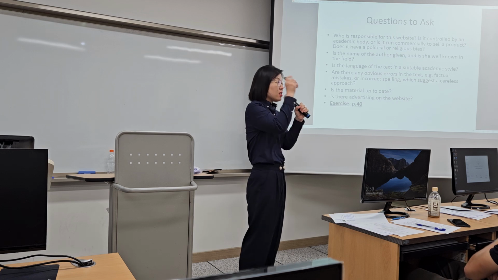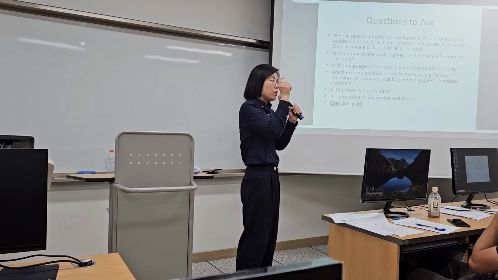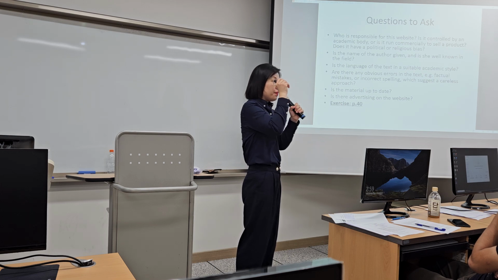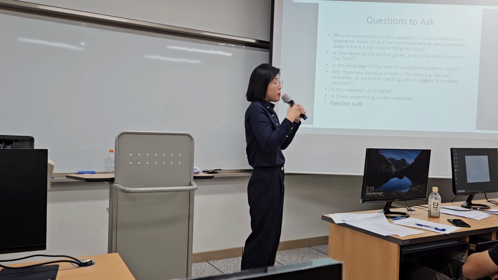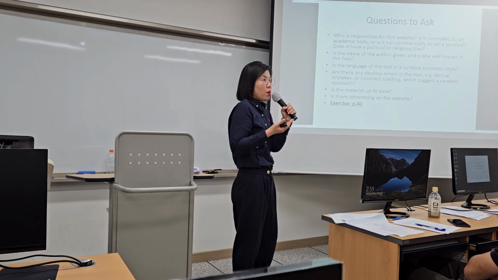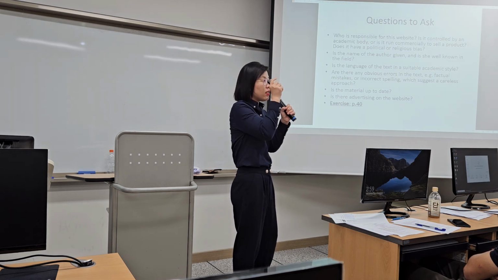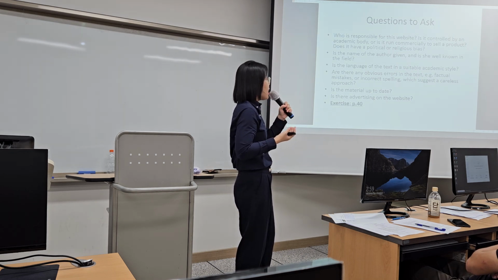So if it has a clear name or a clear origin, the name of the institution or the individual who has produced the materials on the website, basically it says, I am reliable in a way. So if it has a clear identification of the institution or the individual who has produced the website, then it's a good sign that it's reliable.